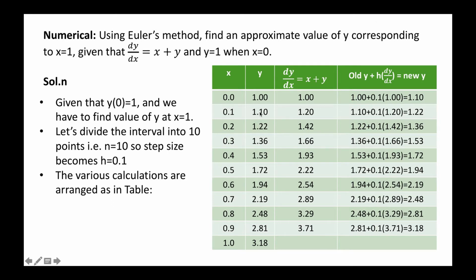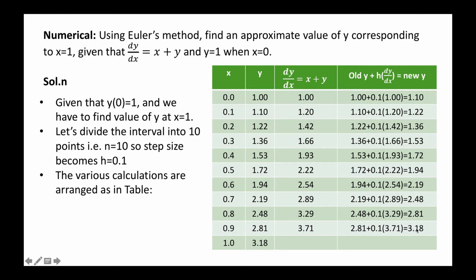Now we have to repeat the same step again. Now 0.1 plus 1.1 gives us 1.2. Again the new value of y, after substituting these values, we get 1.22. So for 0.2 we have 1.22, and we keep on repeating the iterations until we get to 0.9. At 0.9 the new value of y comes out to be 3.18.